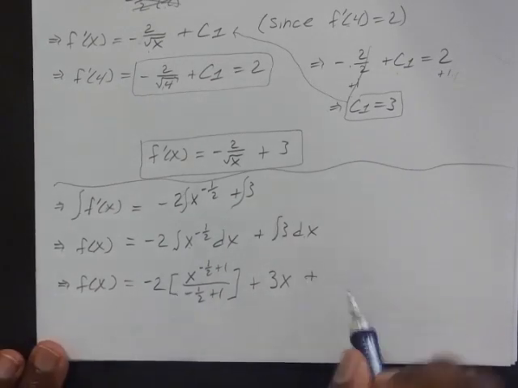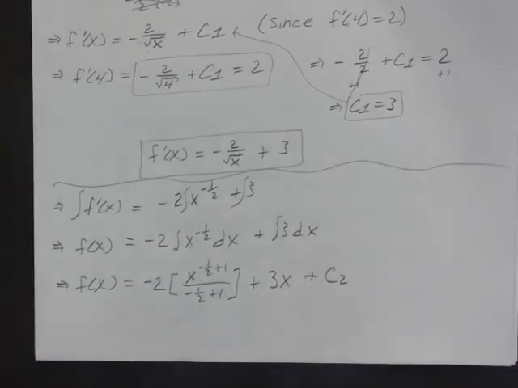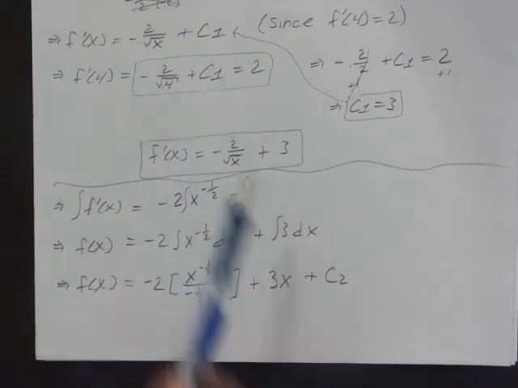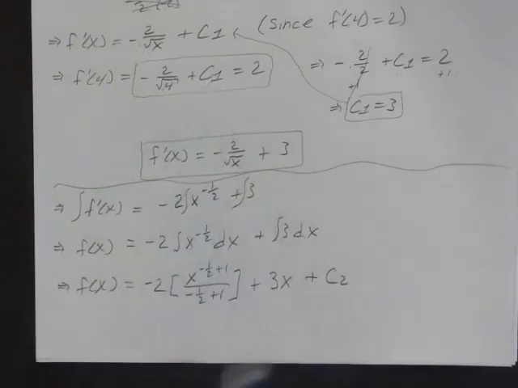Okay, and plus C, but we're going to call that C number 2. Or you can call it C since it's the last one. We just couldn't call this one C and this one C. But if you call this one C number 1 and this one C, that would have been just fine.